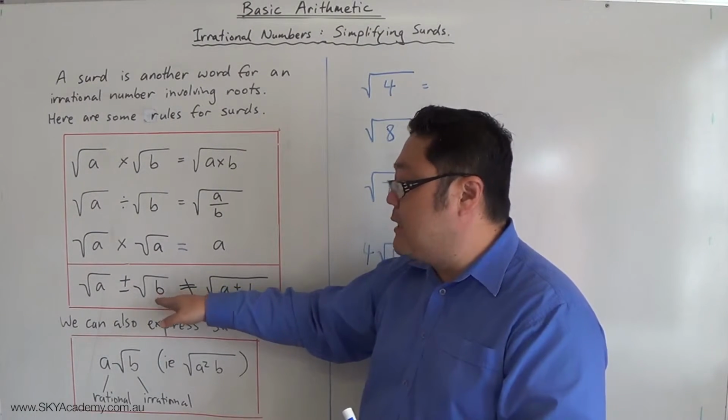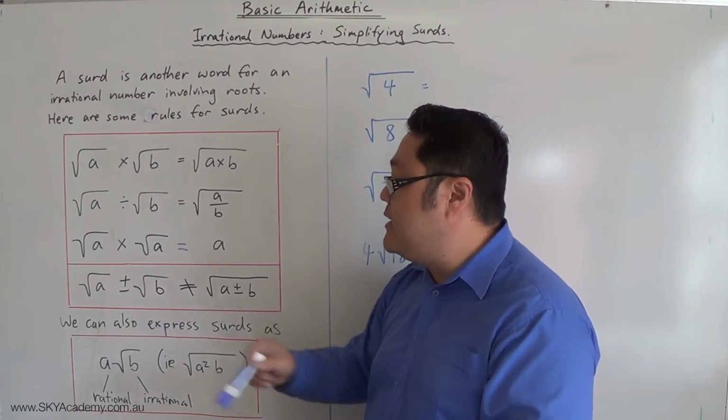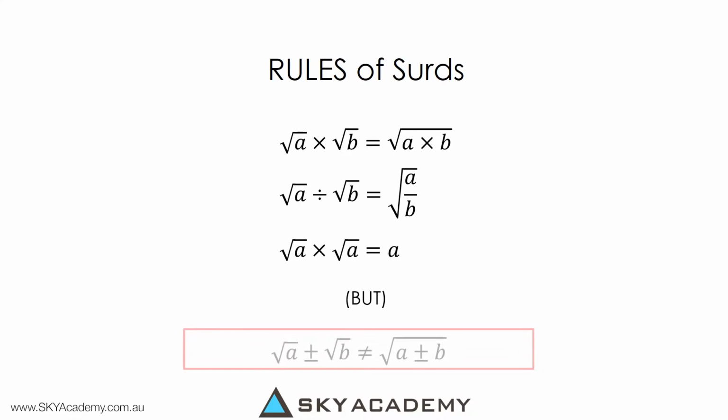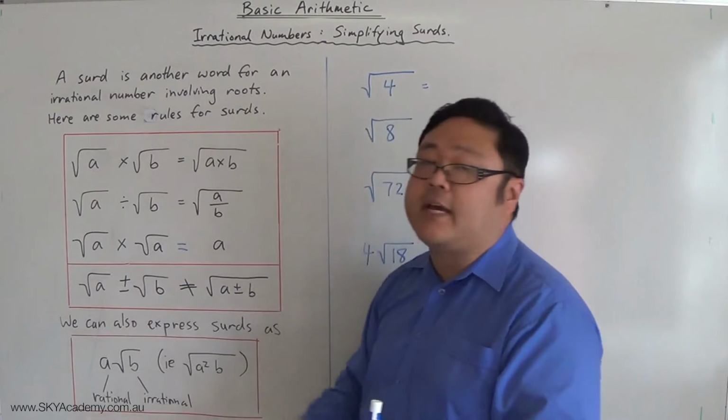But here's something that you might need to etch into your memories, into your brains, and that is this. The sum of two surds isn't the surd of the sums. So the square root of A plus the square root of B isn't going to give you the square root of A plus B, nor is that going to be the case if you minus.